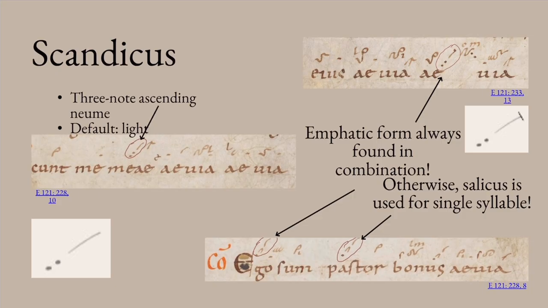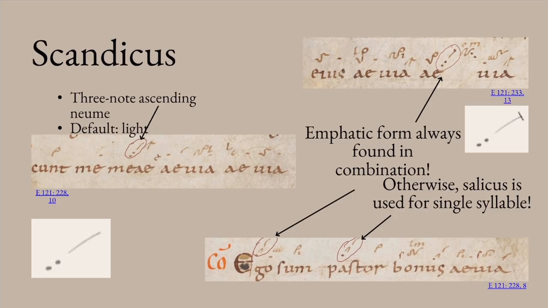So after the scandicus, you have more neumes on that same syllable. If you look below, you can see on a single syllable there, they use the salicus instead to denote a three-note ascending neume. Right? 'E' and 'pa' are single syllables by themselves.